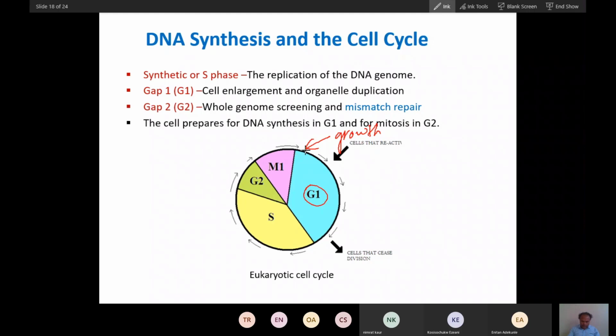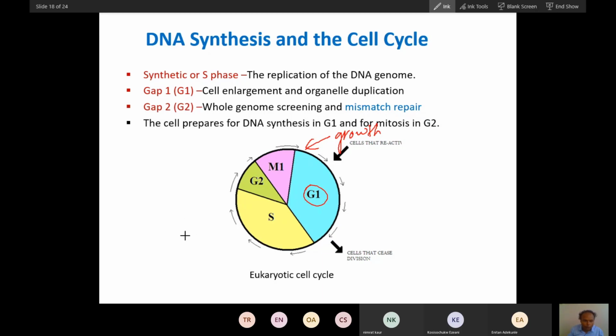Any growth factor will stimulate cell growth here, and because of this stimulation, first there will be duplication of organelles. There will be synthesis of sufficient DNA polymerase and different types of proteins. And then after synthesis of all those proteins, the cell will enter the S phase.